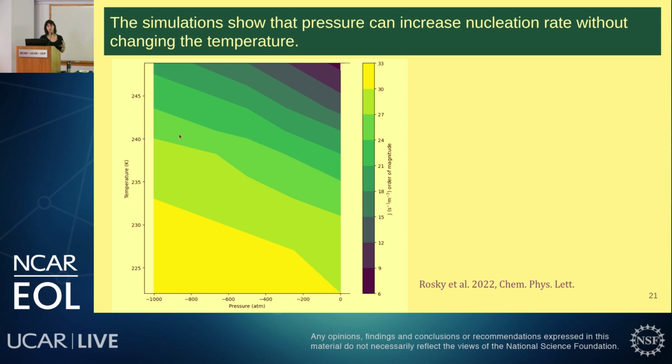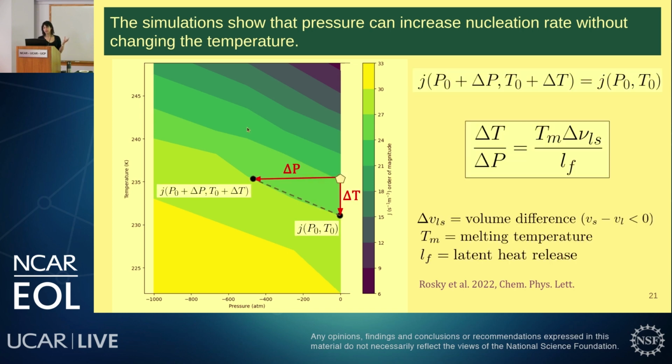However, the slopes are staying parallel. So at this point, my speculation is that at mixed phase temperatures, the amount of negative pressure you'll need to increase the nucleation rate will stay the same, because these slopes seem to be staying parallel.